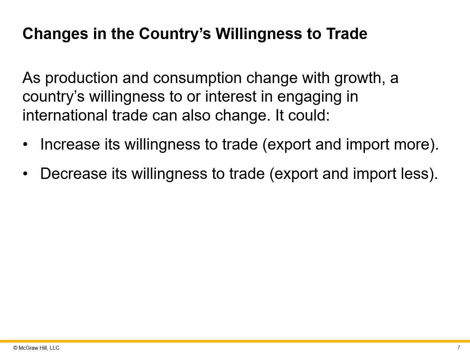So what happens when a country changes its willingness to trade? As production and consumption change with growth, a country's willingness or interest in engaging in international trade could be impacted. As its willingness to trade changes, its desire to export or import can increase or decrease based on profit, right?